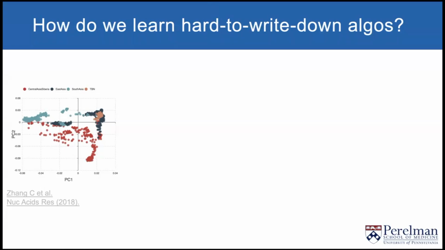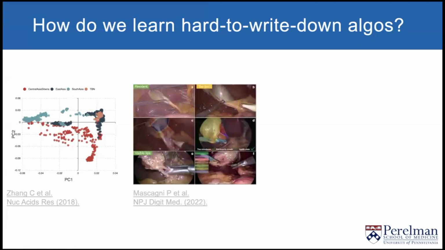And so one way that we learn these types of hard algorithms is that we just look at a bunch of data and see, can we glean any insights from these data sets, right?